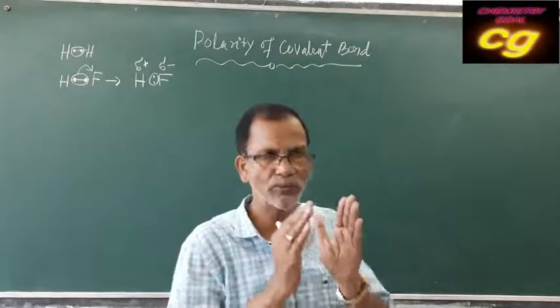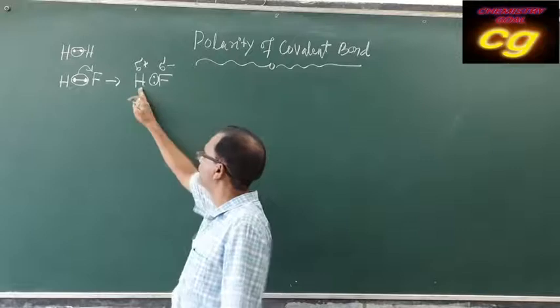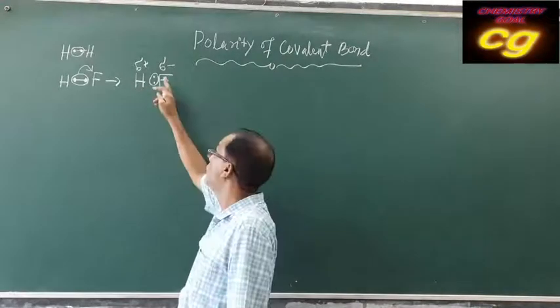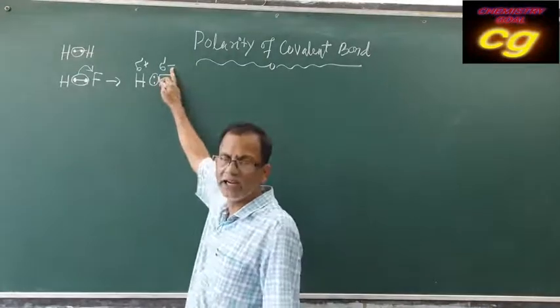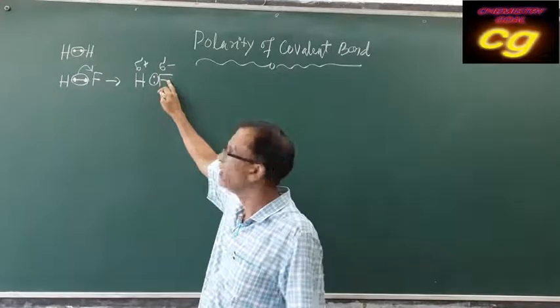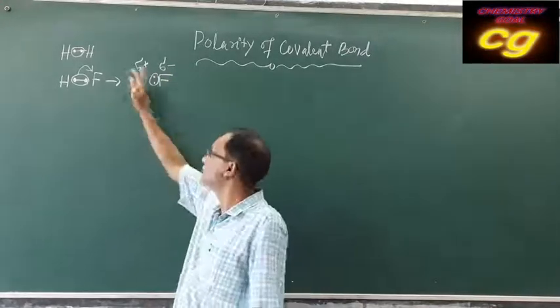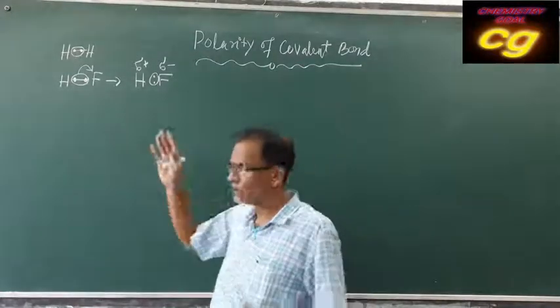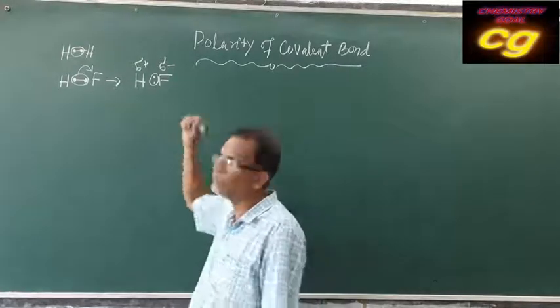As the bonded electron shifts towards fluorine, fluorine is gaining more electron density; that's why a partial negative charge is produced on fluorine, and automatically the reverse, a partial positive charge is produced on hydrogen, because hydrogen has lower electron attracting power than fluorine.